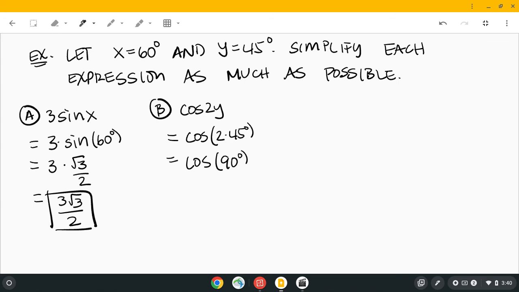And for cosine of 90 degrees, this goes back to the first definition of the trig functions, the one that relates all of them to x, y, and r. So here, if you recall, cosine is x over r at 90 degrees, and so this would be 0 over 1, which is just 0.